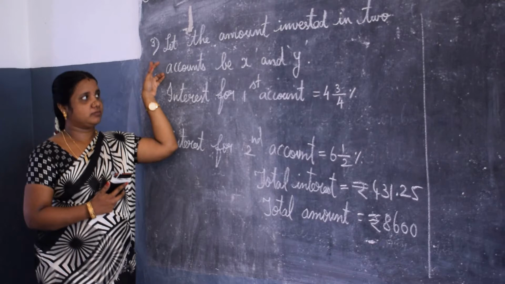Now you subtract, what will you get? 51100. This is our delta x value.